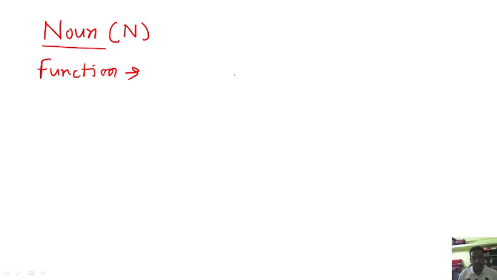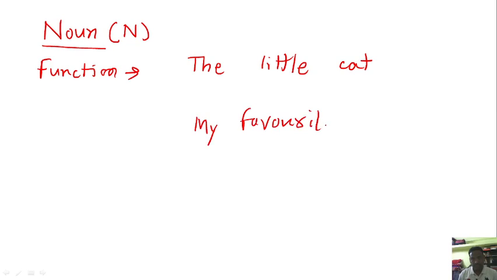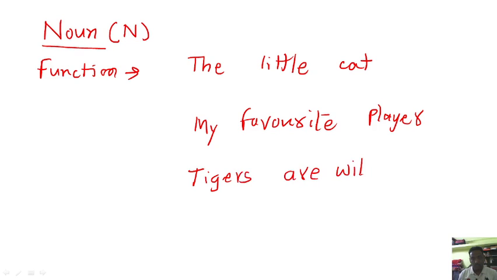Now let's begin with examples. Here are the little cat. Next example is my favorite player. Next is tigers are wild. Now this is a phrase. My favorite player also, it is a phrase.